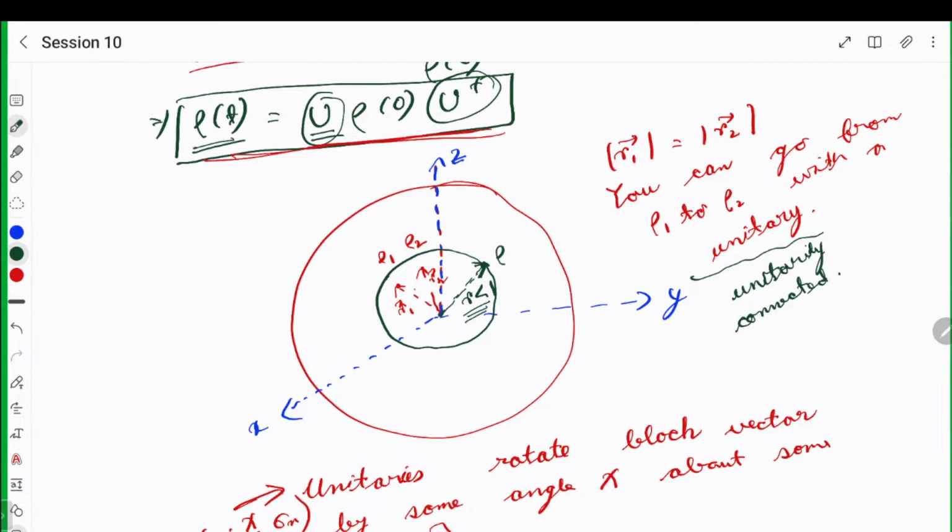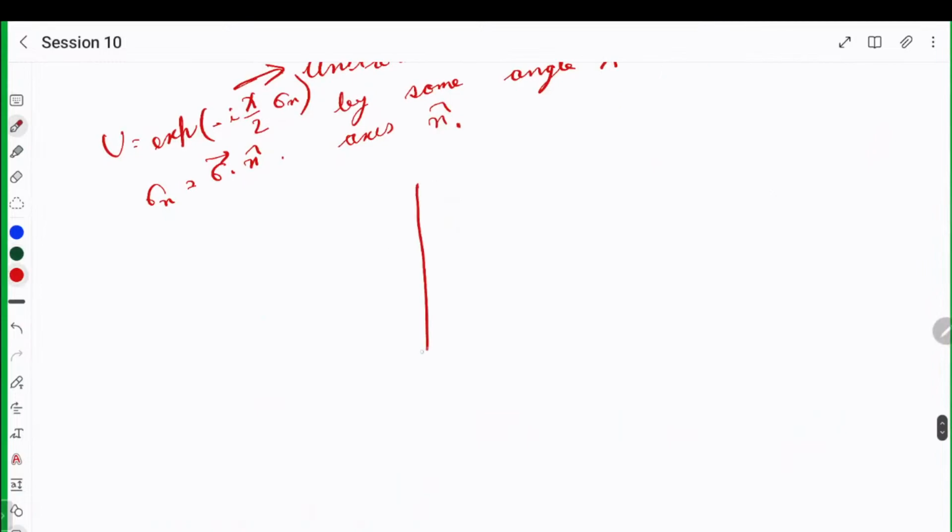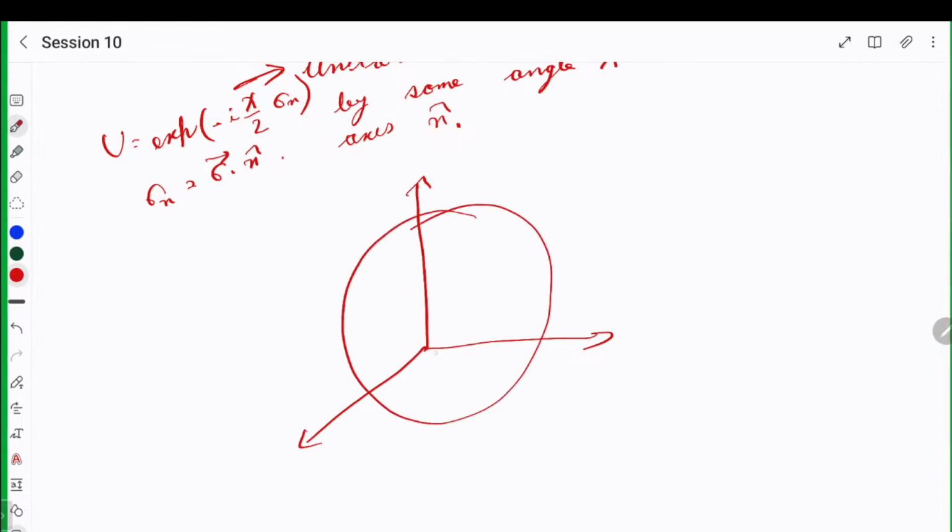So what I'm trying to say is that two points on the Bloch sphere will be unitarily connected if they're at the same distance from the origin. For example, let me draw the sphere.